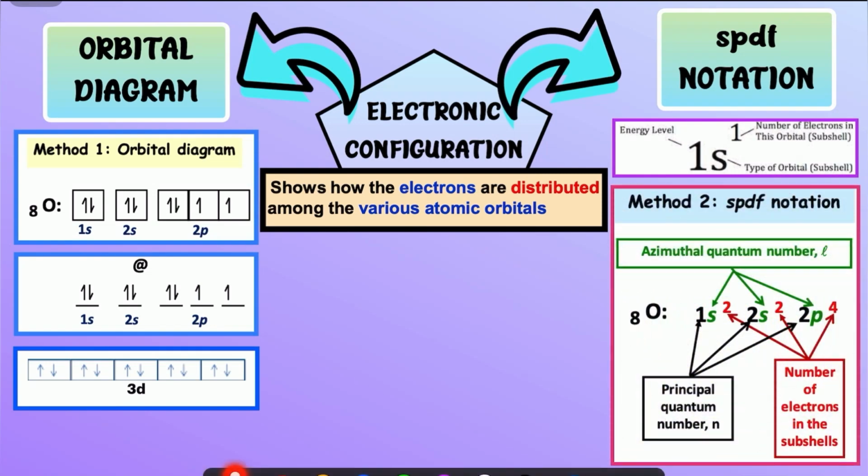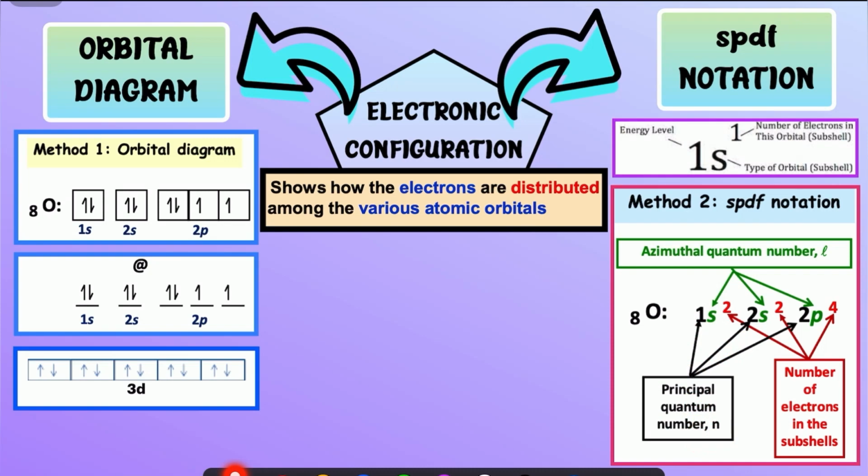By using the same element, oxygen, with the proton number 8, it shows that it has 8 electrons. So this is how we write the SPDF notation for the electrons of the oxygen. The numbers 1, 2, 2 here are the principal quantum number.